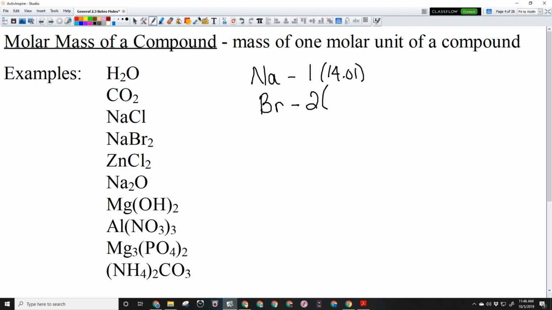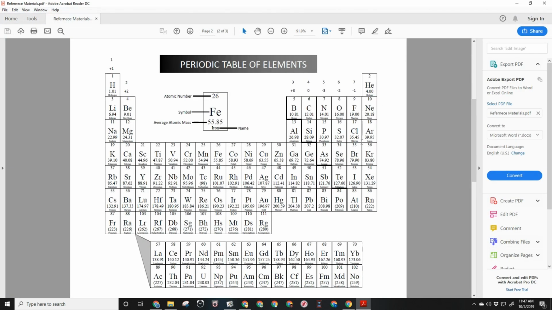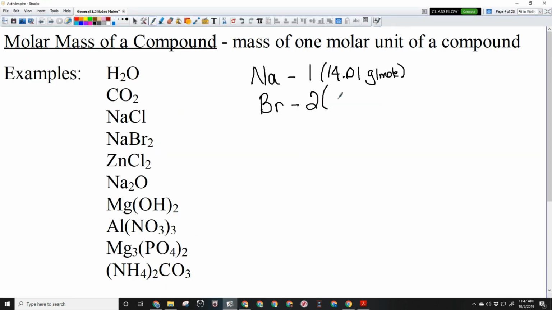Okay, and you know what? I'm going to use my units because I tell you guys to use your units all the time. So I better do the same thing. So this is grams per mole. And bromine, okay, bromine is right here at 79.90 grams per mole.